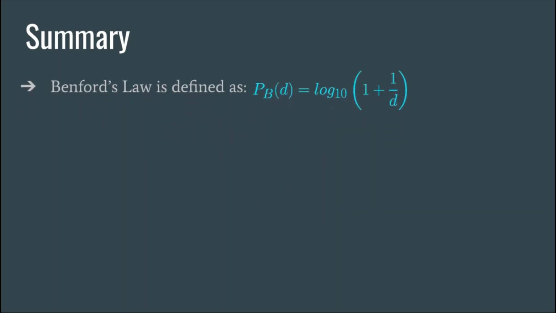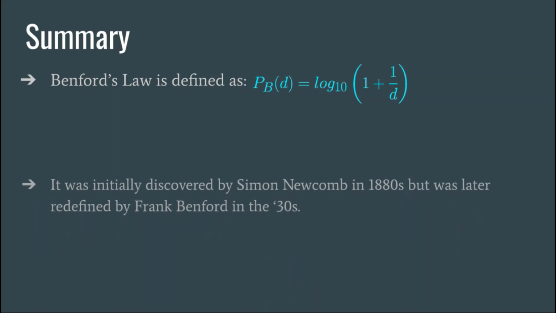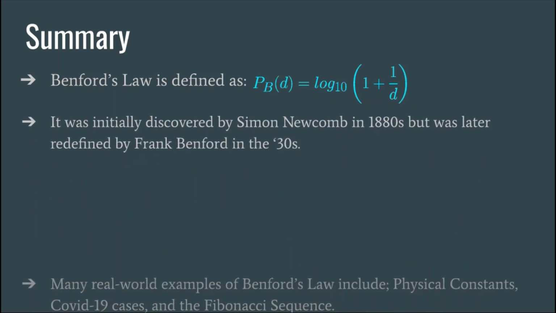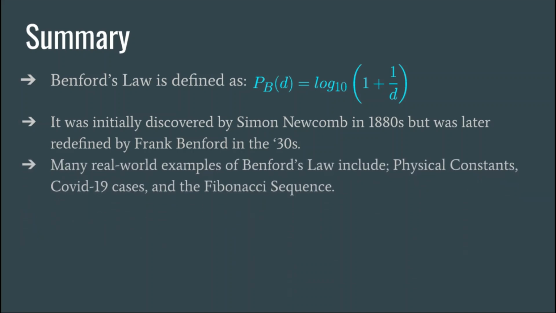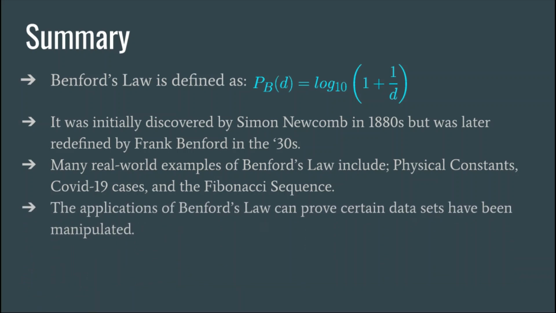So, to summarize, Benford's law is defined as the probability of the leading digit being equal to log base 10 of 1 plus 1 over the leading digit d. Benford's law was initially discovered by Simon Newcomb in the 1880s and was later redefined by Frank Benford in the 1930s.